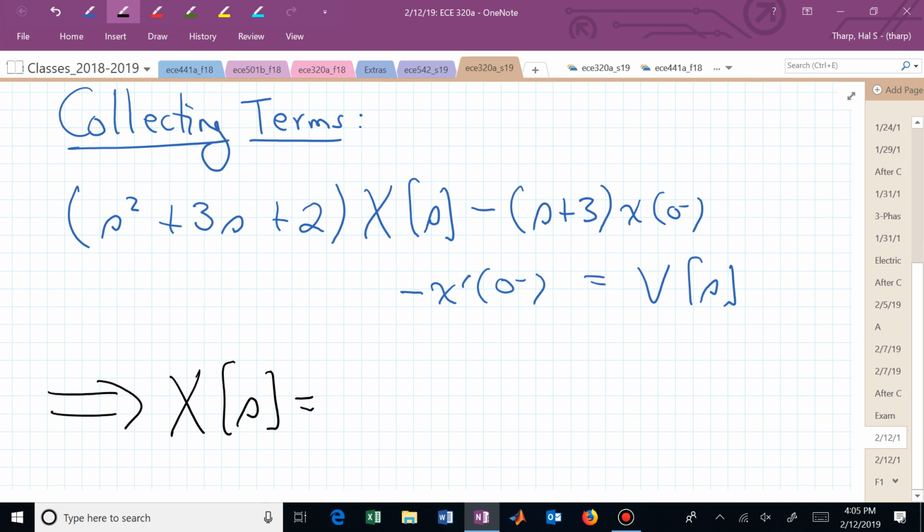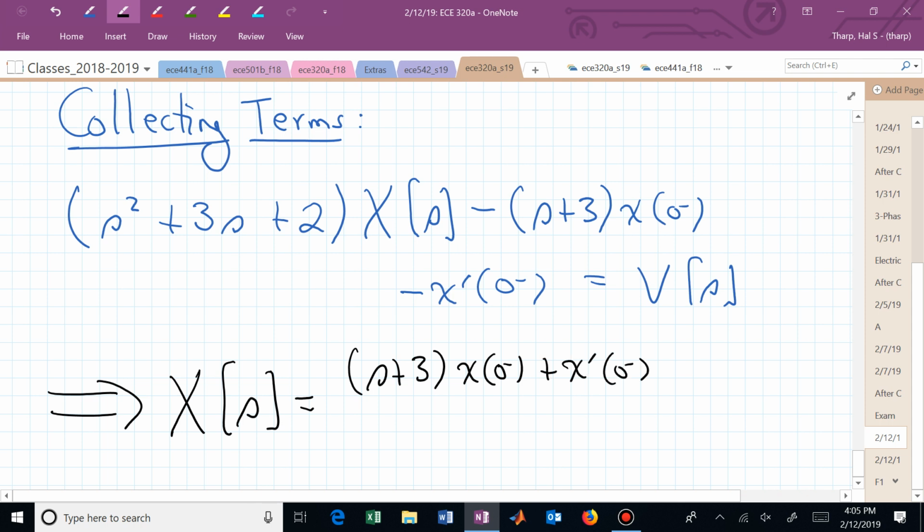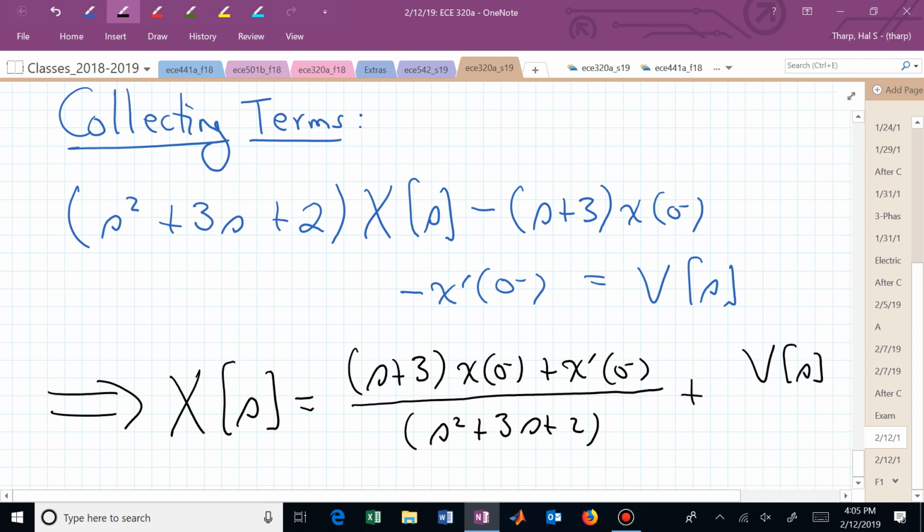I'm putting everything to the right-hand side. I now have s plus 3 times x of 0 minus plus x prime of 0 minus, all over s squared plus 3s plus 2, plus capital V of s all over the same polynomial, s squared plus 3s plus 2.